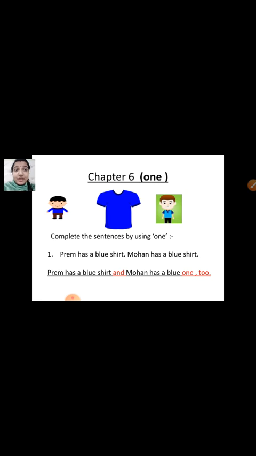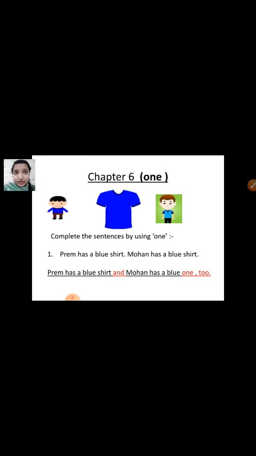Then come to the next sentence. Mohan has a blue one. Here I am not going to repeat "shirt" again. Blue one, comma, too, full stop.